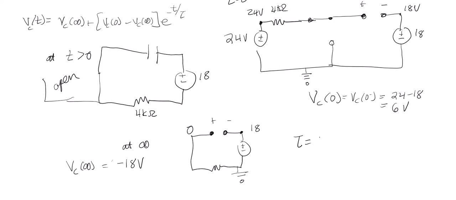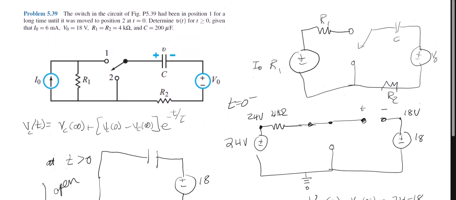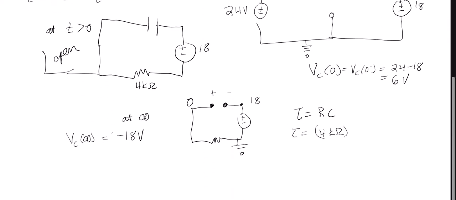Tau for an RC circuit is RC, and you take the resistor and the capacitor values that they are at the transient. So that would be 4 kiloohms, and our capacitor is 200 microfarads.